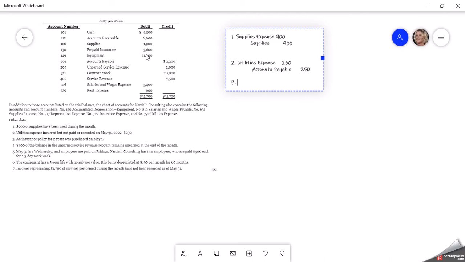So 2 years would be 24 months. So we're going to take that $3,600 and divide it by 24. If I do that on my calculator, 3,600 divided by 24 gives me $150.